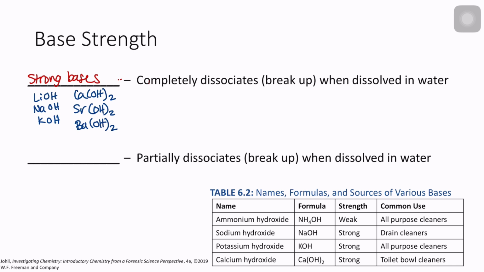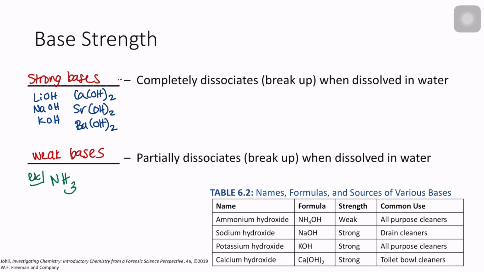And you got it. We also have weak bases. Weak bases, just like weak acids, partially break up. They partially dissociate when they are dissolved in water. Some examples of weak bases: ammonia is a really good example, and a lot of people will think that's a strong base, but it is not.